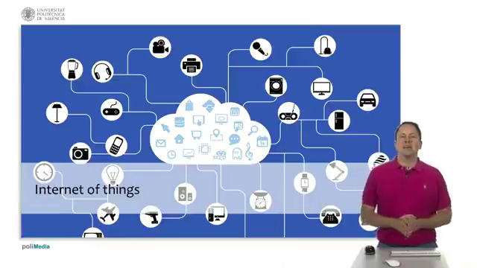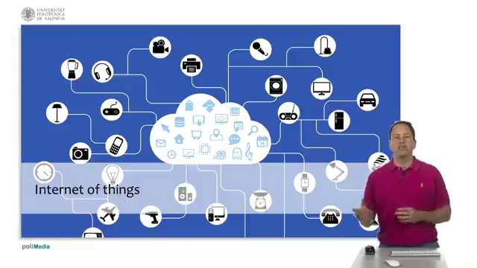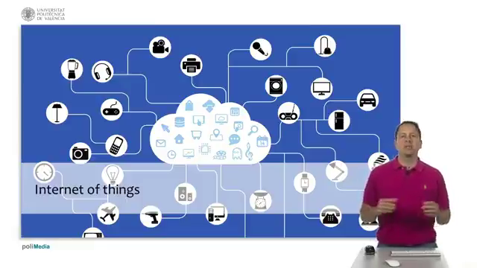The term Internet of Things, you can see here a slide, was coined by a British entrepreneur called Kevin Ashton in 1999. Typically, IoT, or Internet of Things, is expected to offer advanced connectivity of devices, systems, and services that goes beyond machine-to-machine communication, that is, the acronym M2M.